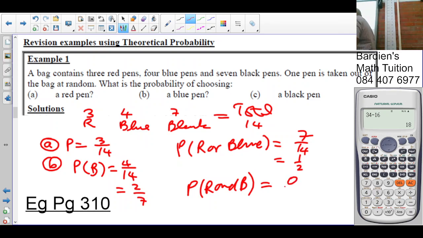Why? 1 pen. Is there 1 pen that is red and blue? No. That is when you use and. Can you see? So if it says and, the condition must be evident in both, in that draw. If it says or, it can be either red or blue. You got it?